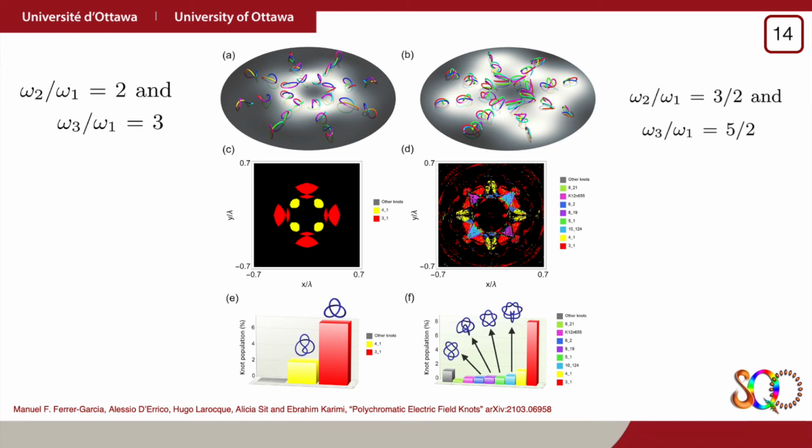The first row shows the amplitude profile of the tightly focused beam overlaid with the curves traced by the resulting knotted polarization vectors. The second row shows the regions in which the different knotted structures are located on the focal plane, while the histograms show the relative probability density of the different knot topologies within the considered region.